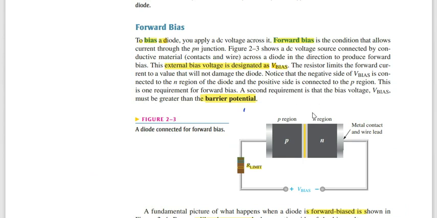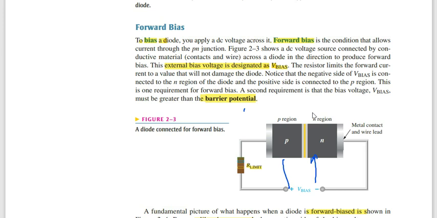There we see that when a diode is connected to an external battery, V bias means external bias voltage. The positive terminal of the battery is connected to the P region, and the negative terminal of the battery is connected to the N region.